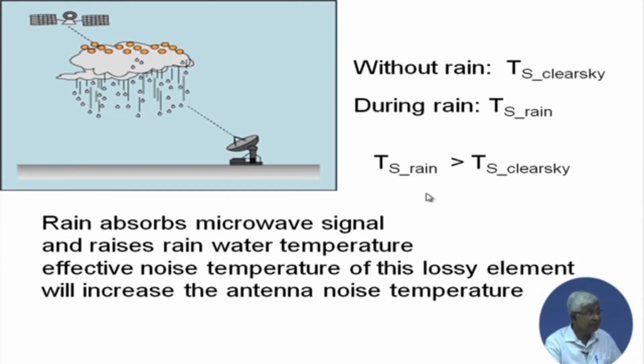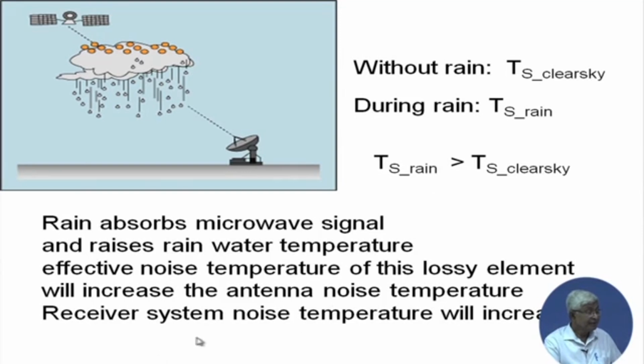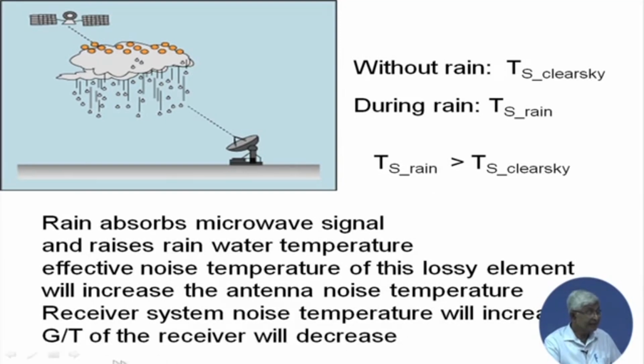So what is happening because of that? Because the system noise temperature has increased, the receiver G by T is decreasing, because the antenna gain G remains constant and T has increased during the rain. So two things have happened. One is the signal power has been reduced, and the other is G by T has decreased. So double effect.